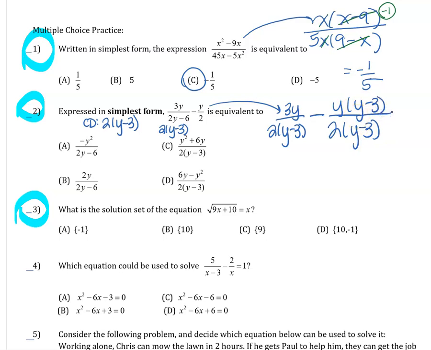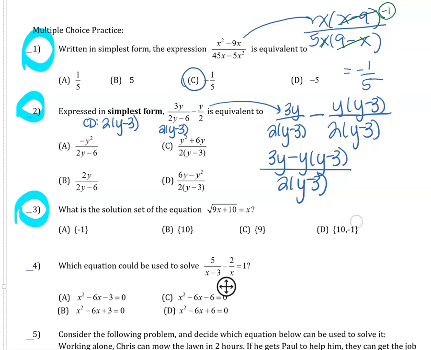Now, once I have this as two fractions with the same denominator, I can combine the numerators. So 3y minus y times y minus 3 all over your common denominator. Now remember, you cannot cancel here. You need to clean up that numerator and combine like terms.